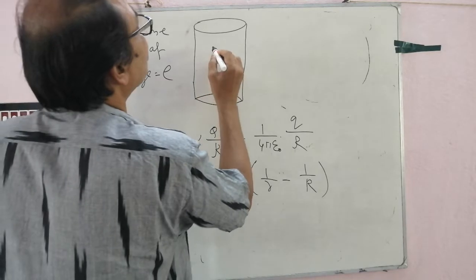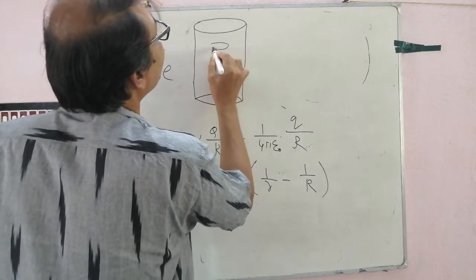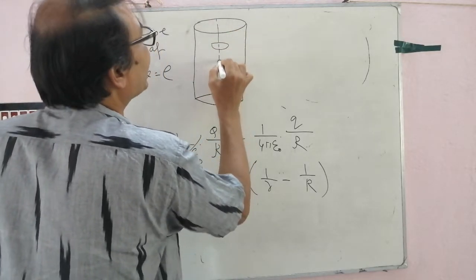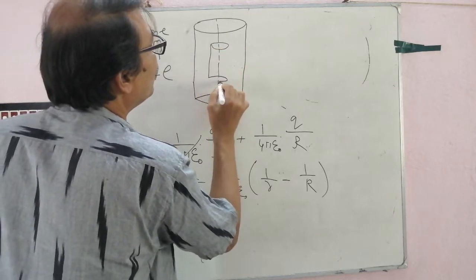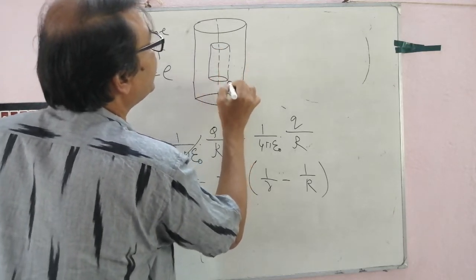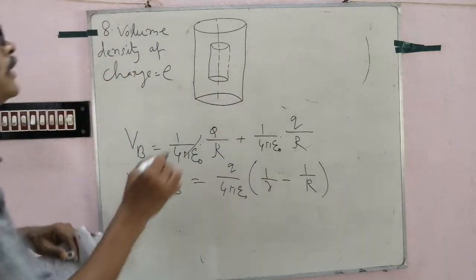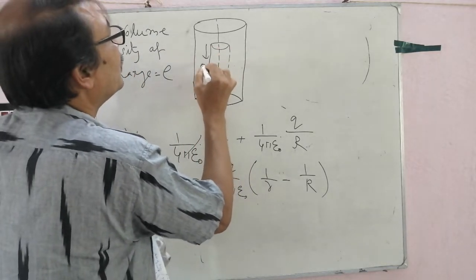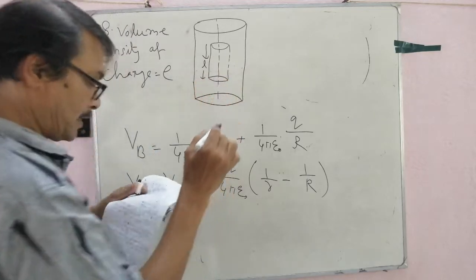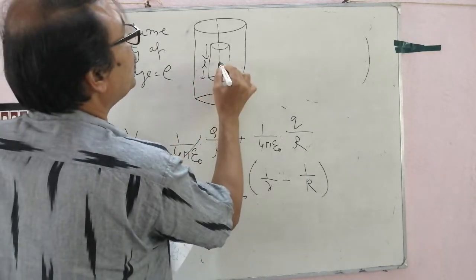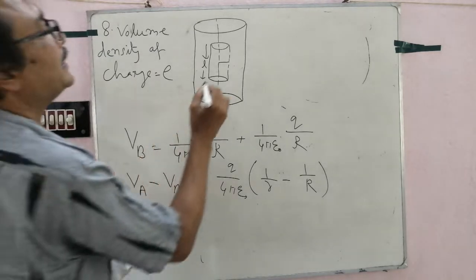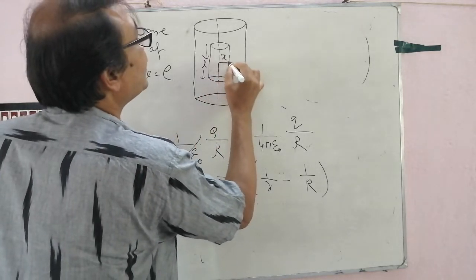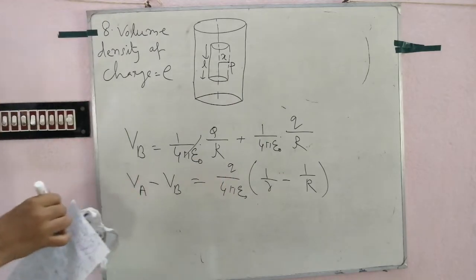Inside this there is a small cylinder with the same axis, another cylinder. The length of the cylinder is L. You have to find out the field at a distance x. This is point P. Clear?